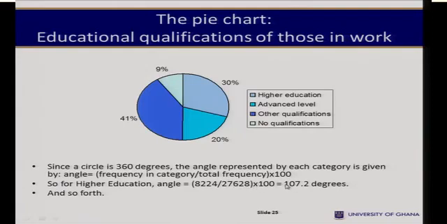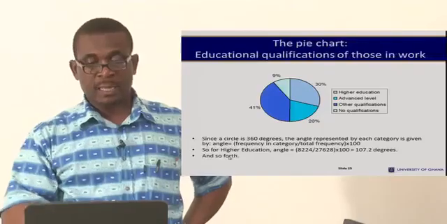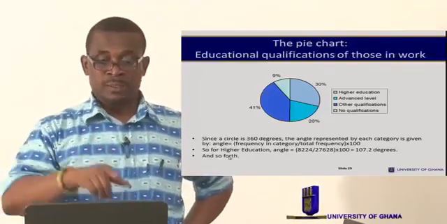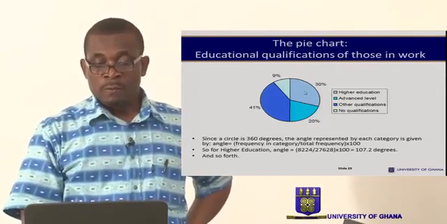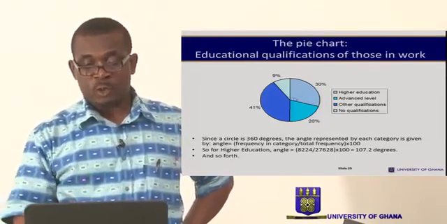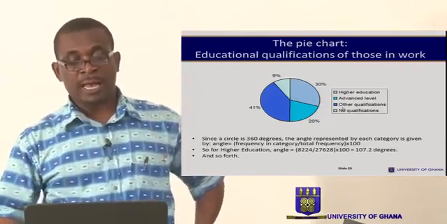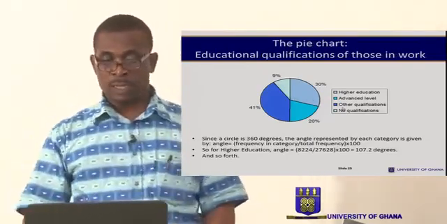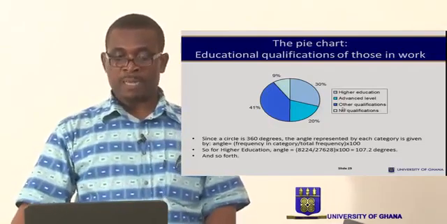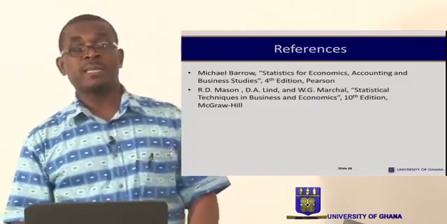It gives us 107.2 degrees. So the angle for higher education should be 107.2 degrees. And you do so for the others until the sum is equal to 360, as has been done here. So at a glance, you can know which category has a higher proportion of employed persons.